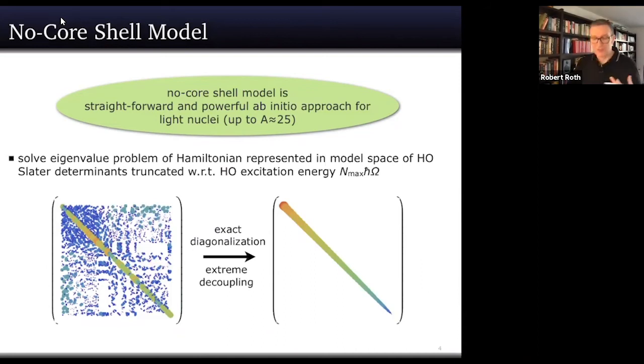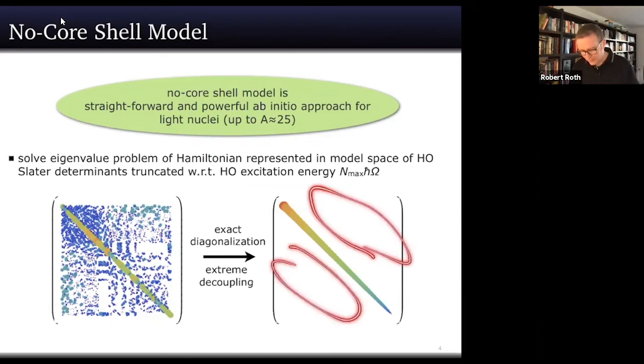And if you use this language of decoupling instead of diagonalization, then the transition from here to here is the most extreme case of decoupling. You have decoupled everything from everything. No single state in this basis representation here, which are the eigenvectors, talks to any other state anymore because all the off diagonals are zero.